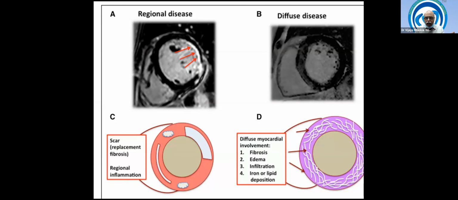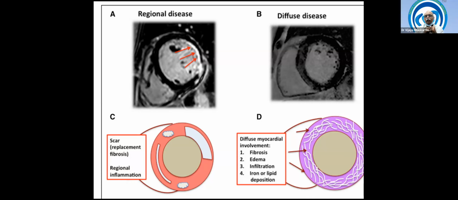I told them I'll use the T1 mapping and T2 mapping techniques, and reasonably I can tell you, without giving contrast, whether there is infiltration, inflammation, edema, or fibrosis. All 4 I can tell you without contrast, by doing T1 and T2 mapping. That is the beauty of the technique. You can pick up inflammation by T1 and T2 maps, infiltration by T1, edema again by T1 and T2 maps, and fibrosis by the T1 map.